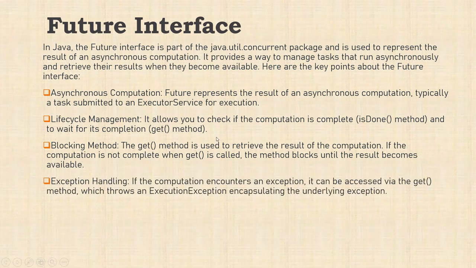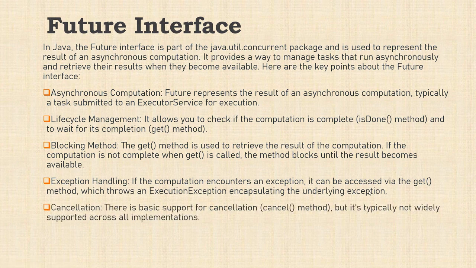Exception handling: if the computation encounters an exception, it can be accessed via the get method, which throws an ExecutionException encapsulating the underlying exception. And cancellation: there is basic support for cancellation.